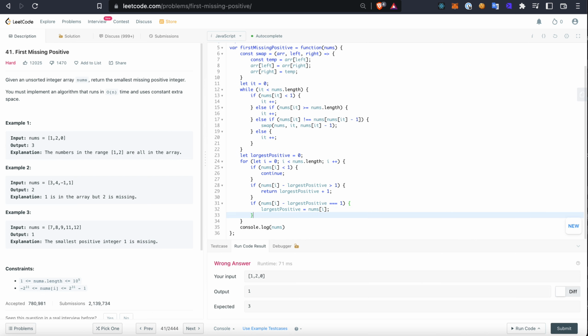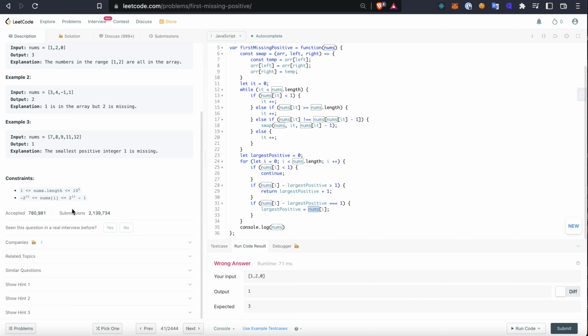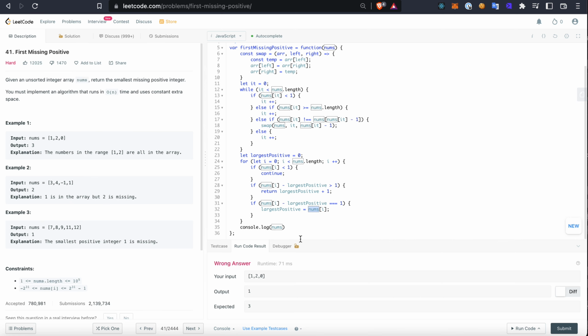And the reason we don't want to just assume that if these two cases fail we can just change the largest positive number is that they don't have any constraints around uniqueness. So you may see 1 and then 1 again. That would pass these cases, but it's not the next highest number. So we do want to do this check.